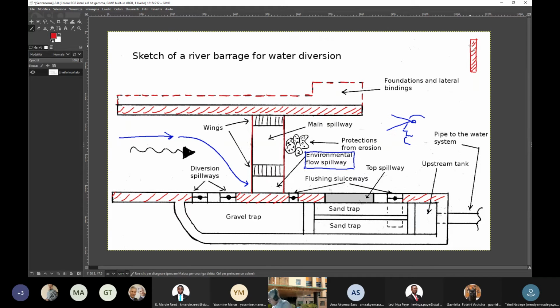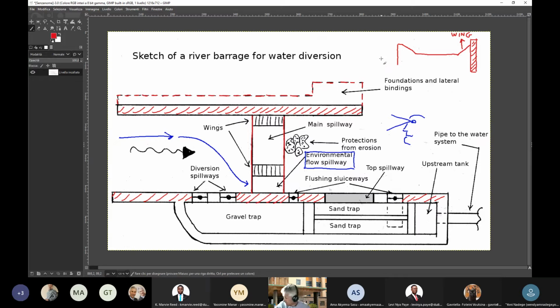And then there is a connection between the sidewall and what is called the main spillway. This connection is called the wing. And then there is another wing here. And then there is the environmental flow spillway.